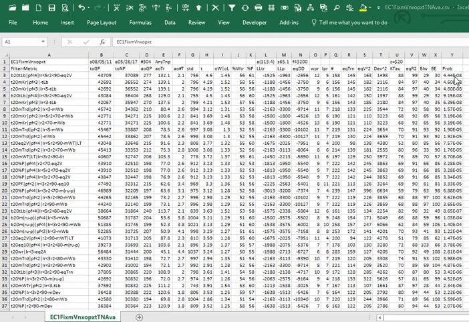I'm out there at about 5 standard deviations for this number, which gives you a probability of 4.4 times 10 to the minus 8.